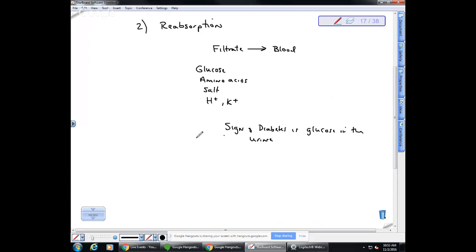And the reason why is if blood glucose levels are too high, there are not enough proteins to transport the glucose back into the blood.